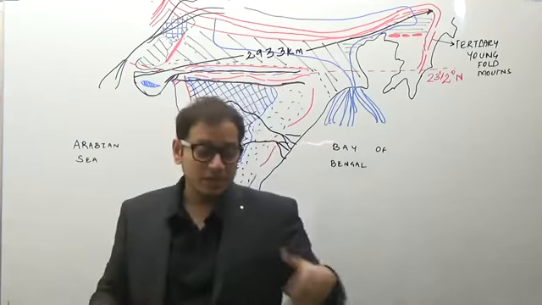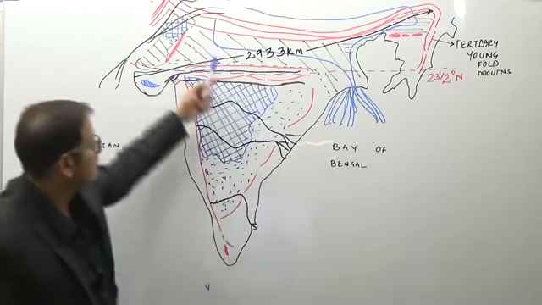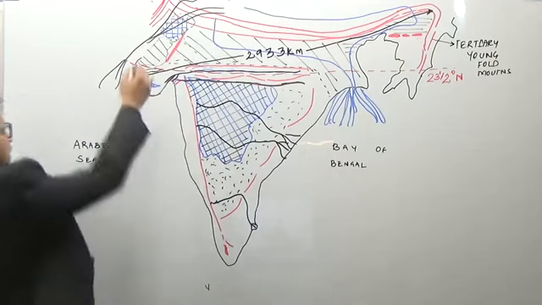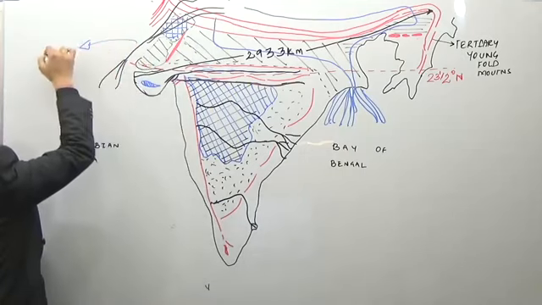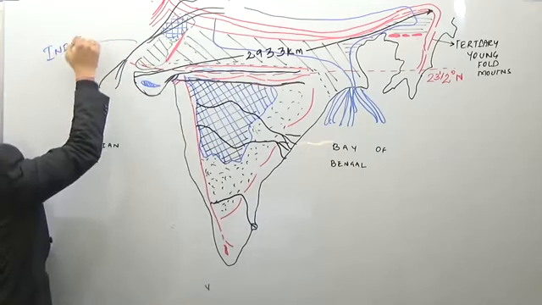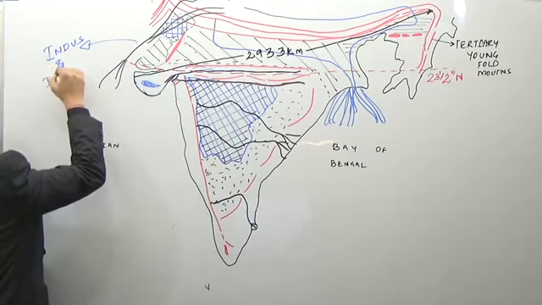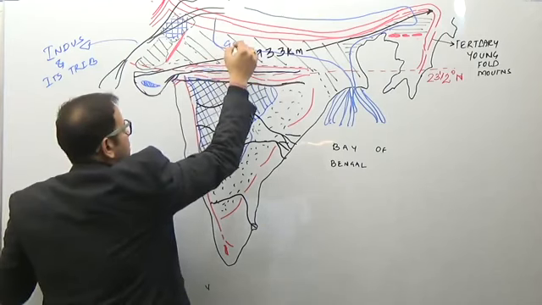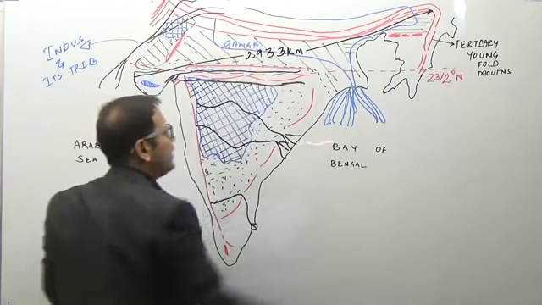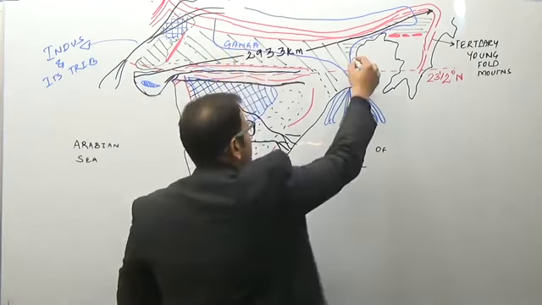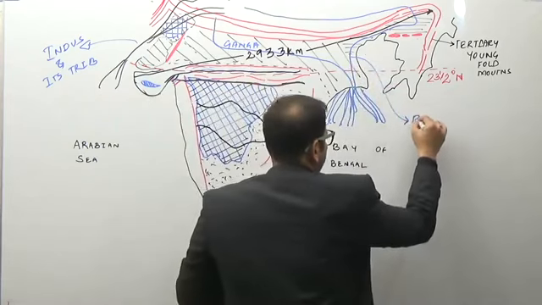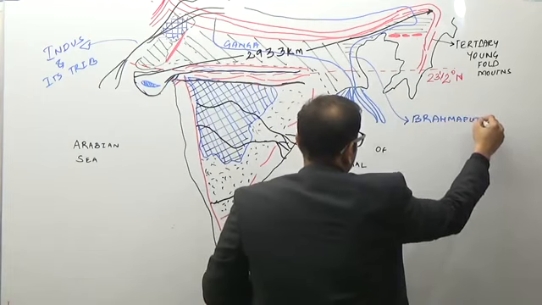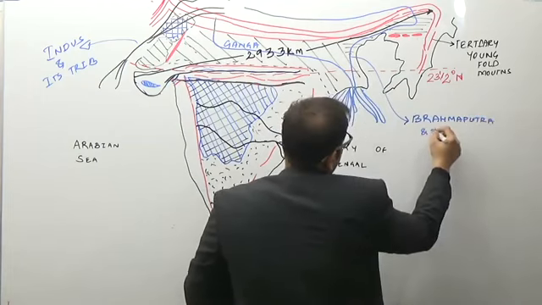After the ranges of the Himalayas, we come to the middle portion, which is made by three great rivers, starting first from the Indus River and its tributaries, then by river Ganga and its tributaries, and then by river Brahmaputra and its tributaries.